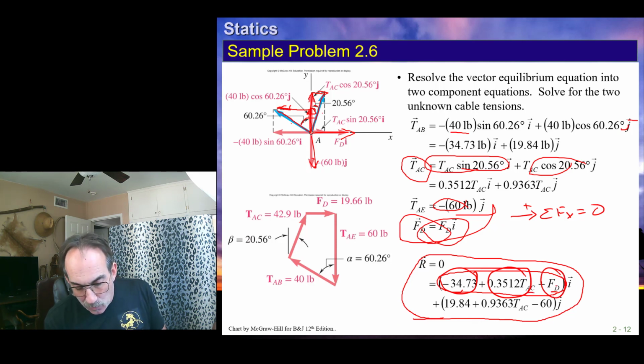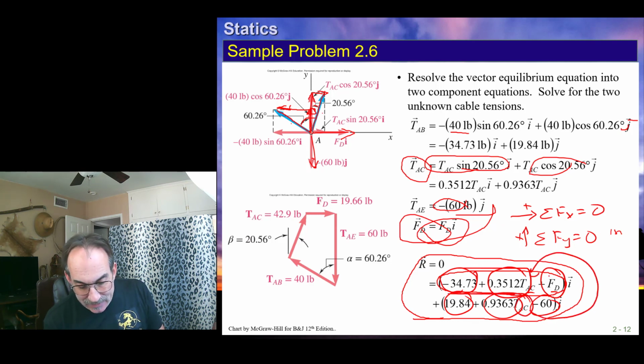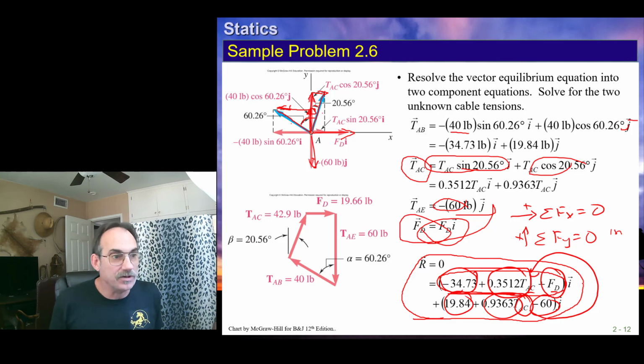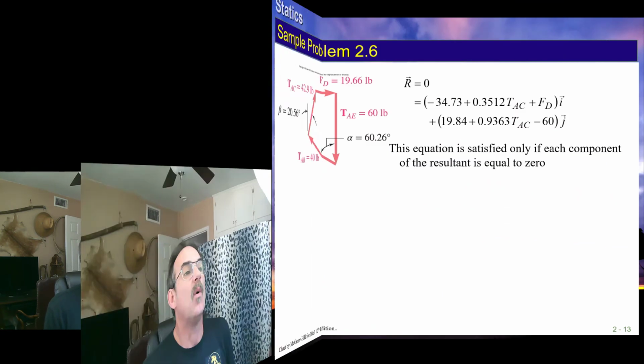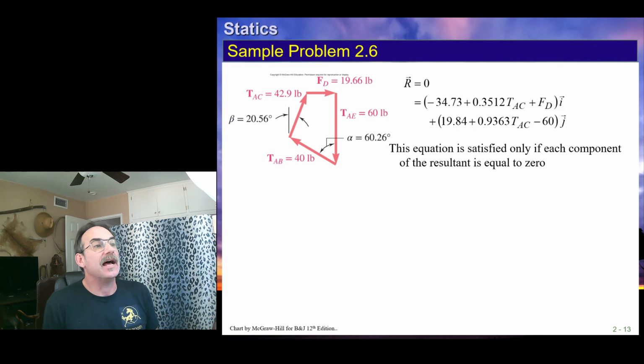And we end up with 2 unknowns. Solve for one of them. And then say, okay, now the sum of the force in the y direction equals 0, which means this plus this equals 0. We can actually do this one first, and that will give us TAC, and then use that TAC in this equation to solve for our other force. Got it? Or you can draw the force triangle and do it that way.